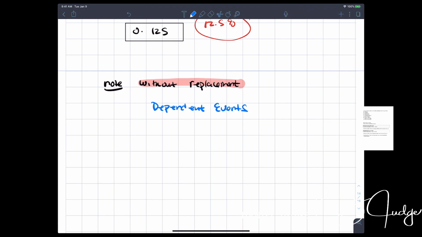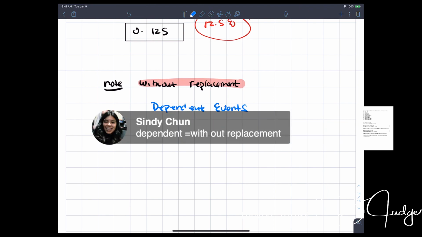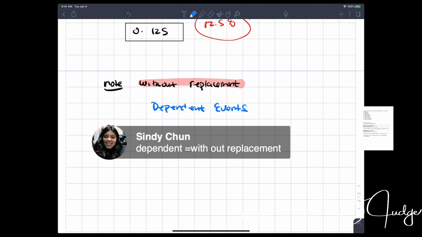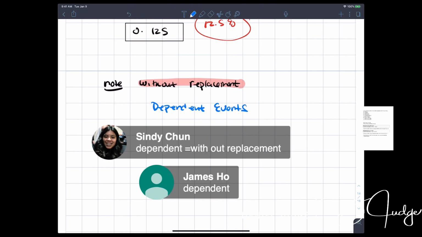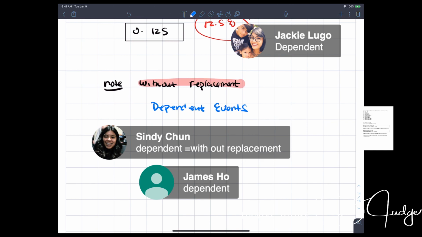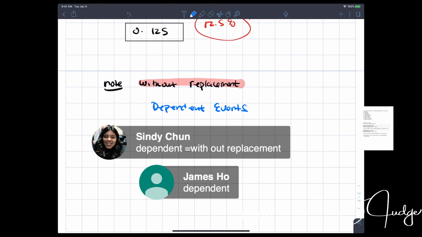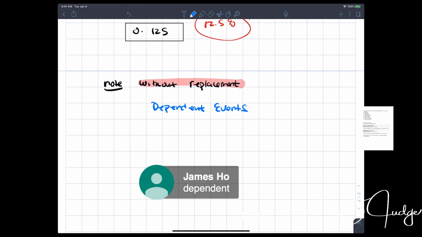They're dependent. All right, James Ho has it right. They're what? Dependent. Jackie Lugo has it right. They are dependent. Absolutely. Good job, you guys. So that's kind of the lesson today, is on independence and dependence.